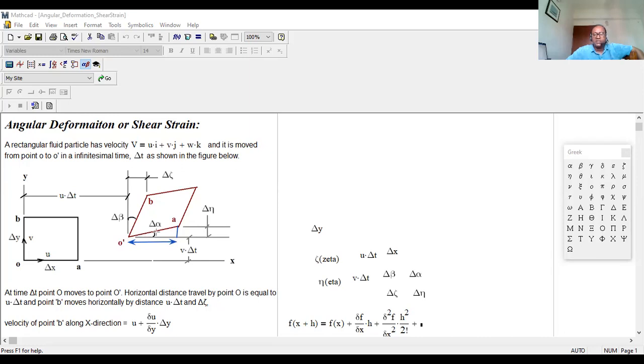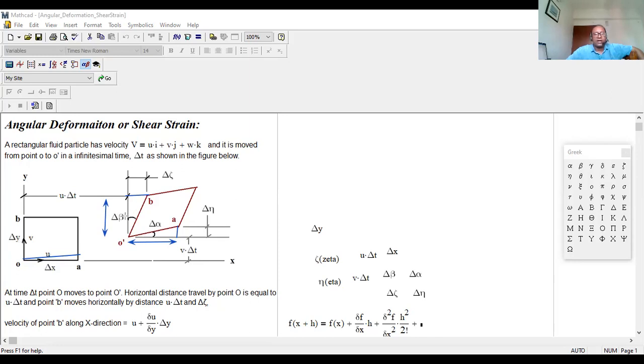If this angle is very small, then we will think that when they are moving little smaller, this length right over here will be same as delta x. That is simplification. We are sacrificing the accuracy. Again, if del beta is very small, then if I draw a triangle, this will be del zeta, but this distance, that means vertical distance from here to here, we are thinking is same as del y.